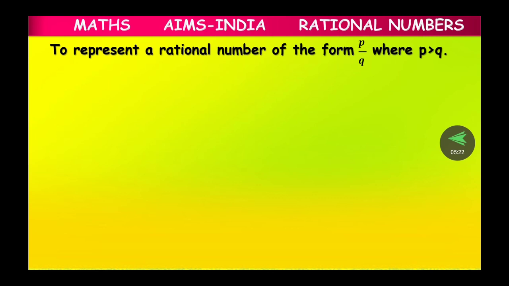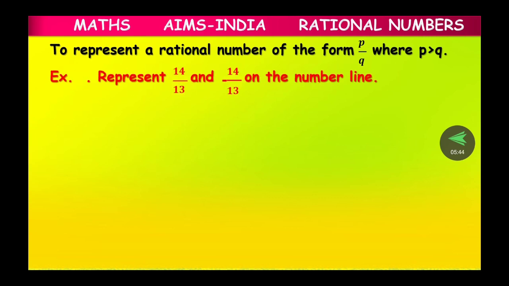In the previous example, the numerator part is less, so its value will be below 1. That's why we divided the place between 0 to 1 into some equal parts. But if it is greater than 1, how to represent, that also we have to learn.